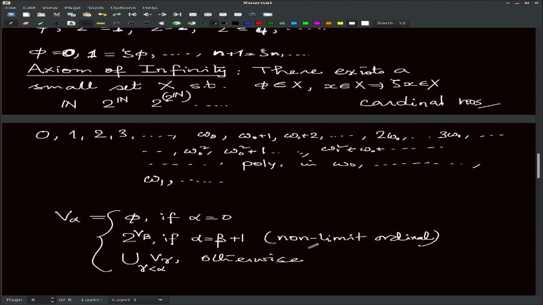And that's how we carry on. So this is the von Neumann set theoretic universe. Sorry, this is my description of V alpha. And then V, the von Neumann universe, is this join. So every set comes up in one of these classes.